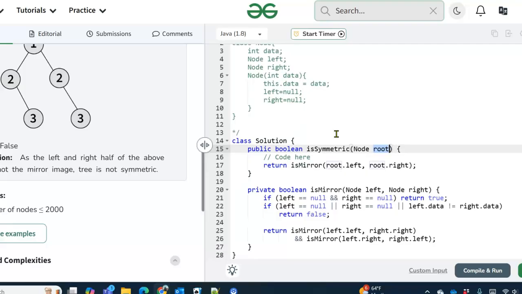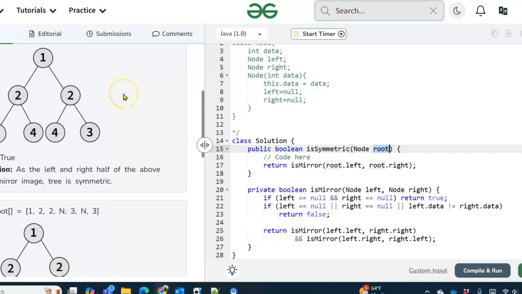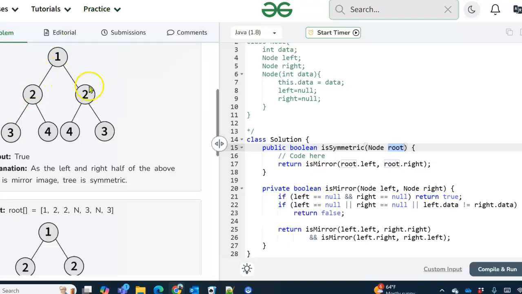All right, we're going to pass in, in this case, both of the 2 nodes. Here are the base cases. If the left and right nodes are null, then return true, because those would be mirror images.